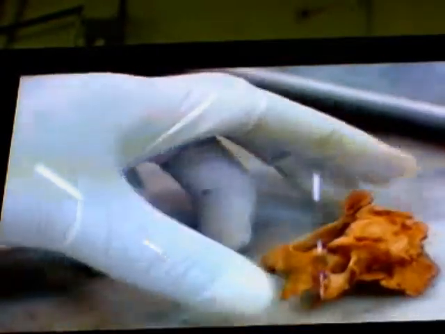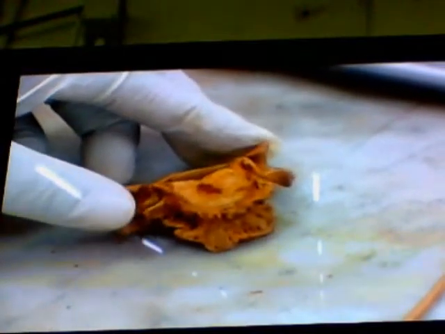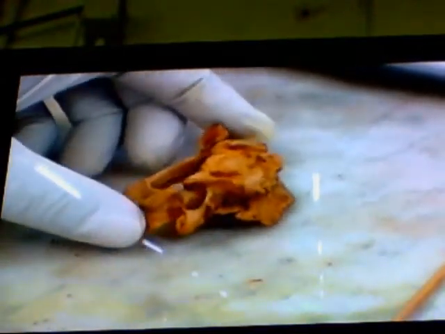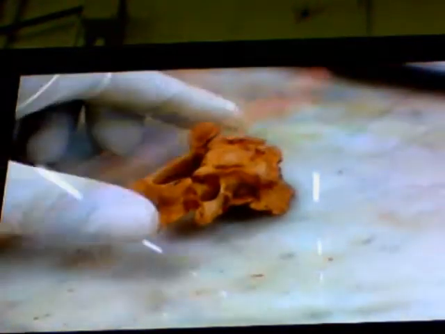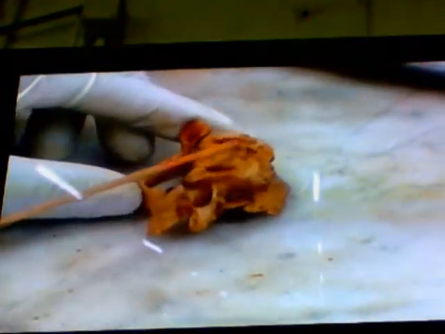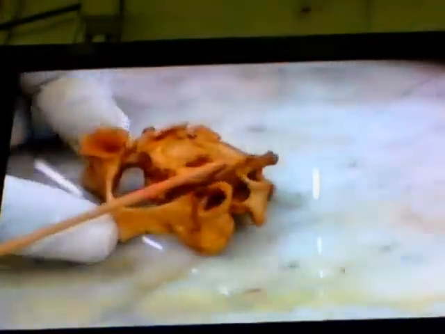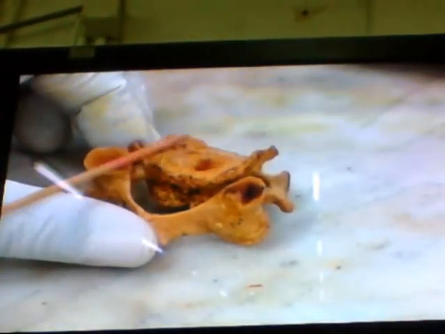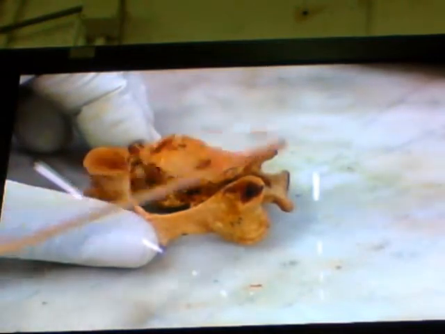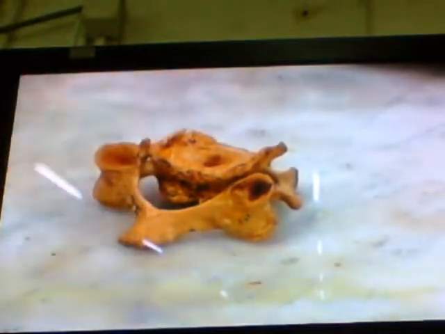Now I want you to take a look at the body of the vertebra. This is a cervical vertebra, and if you look at it well, you notice that the edge is high. Two edges are up. They will form joints with the neighboring bone. What do you call those joints?